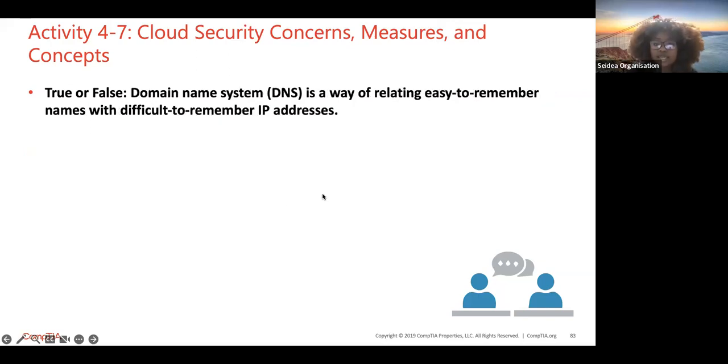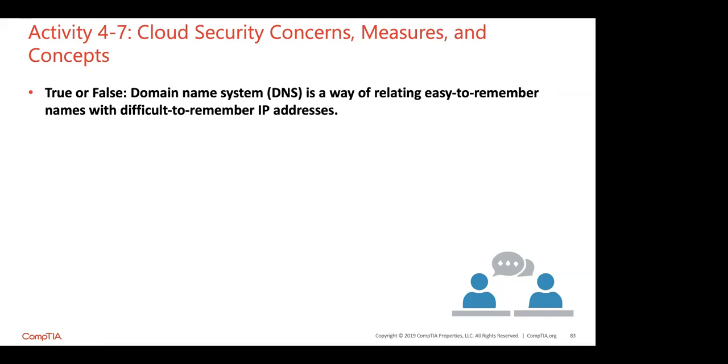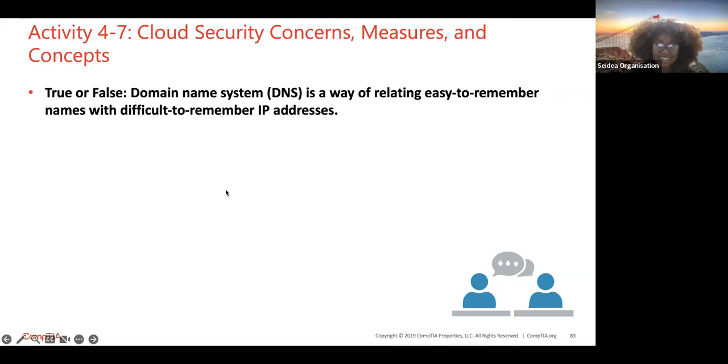The next one is domain name systems. DNS is a way of relating easy to remember names with difficult to remember IP addresses. Is that true or false? Yes, true. I'm seeing a lot of people saying true. Like we said, Google's address is 8.8.8.8, but no one's going to remember numbers.